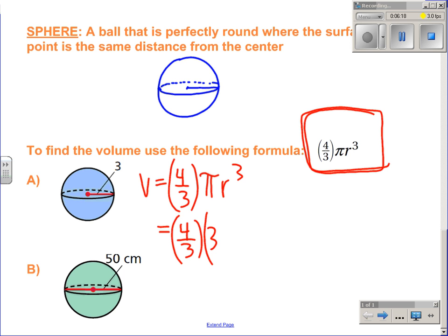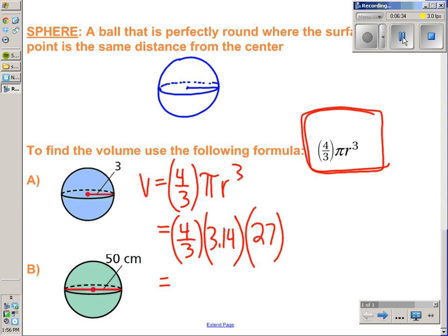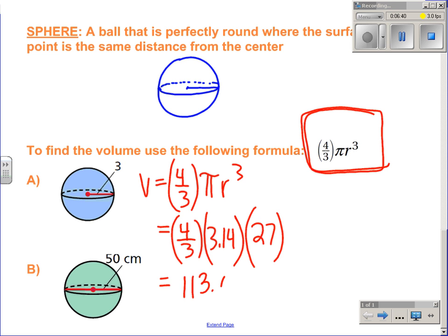Let's fill in 3.14 for pi. And then here we're given the radius of 3. 3 to the third power is 27. So now we can go ahead and multiply those dimensions and we'll get the volume of that sphere. All right, and after you plug that into your calculator, you should get 113.04. Again, we don't have a label here, so this would be units cubed.